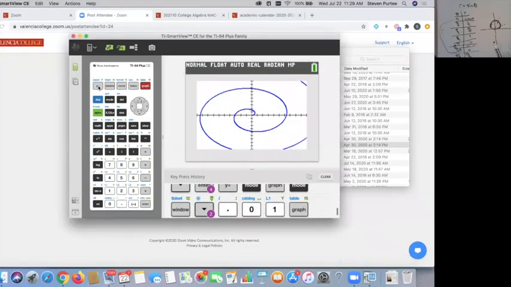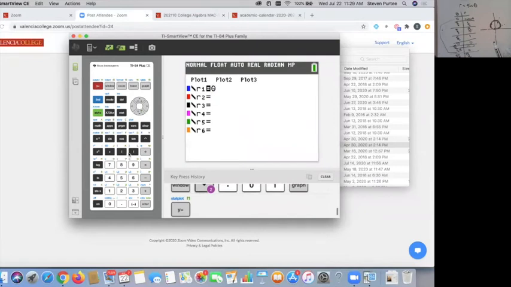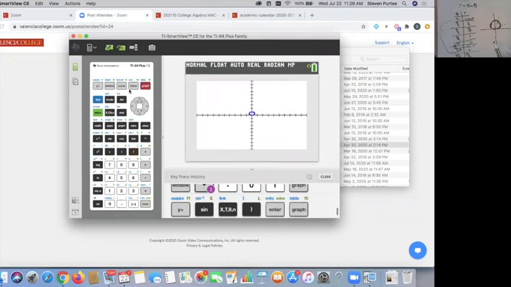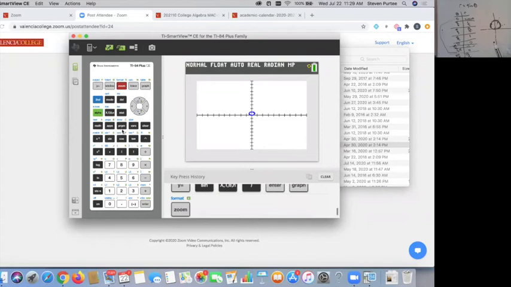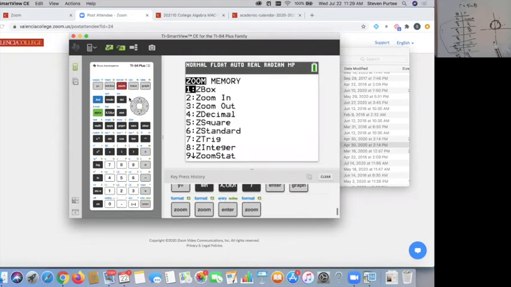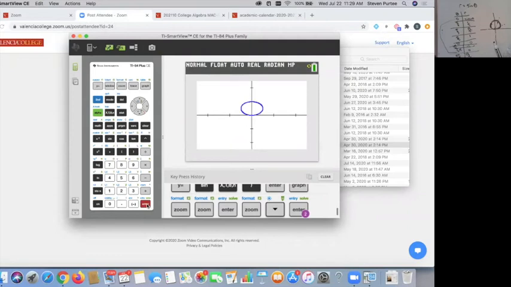So I want to go back into y equals, and I want to graph sine of theta. Hit graph, and let me zoom in a little so you can see it. Now again, that looks like an ellipse, but it really should be a circle.